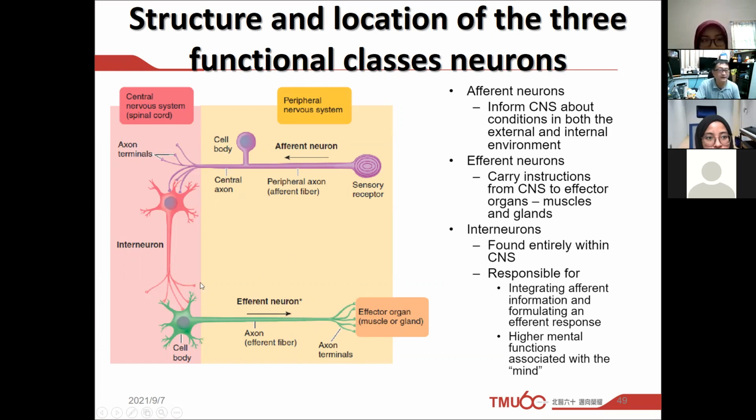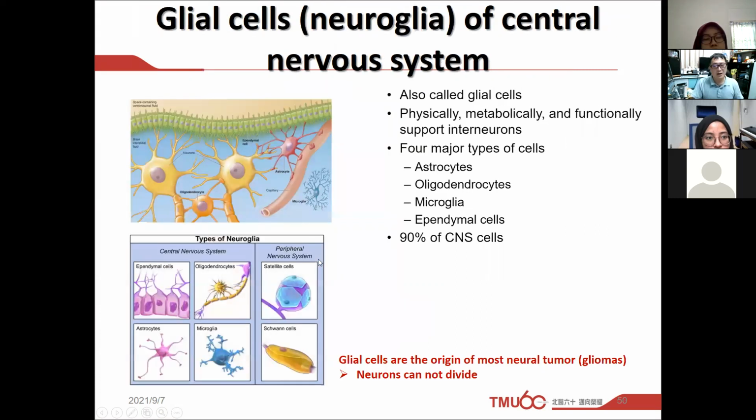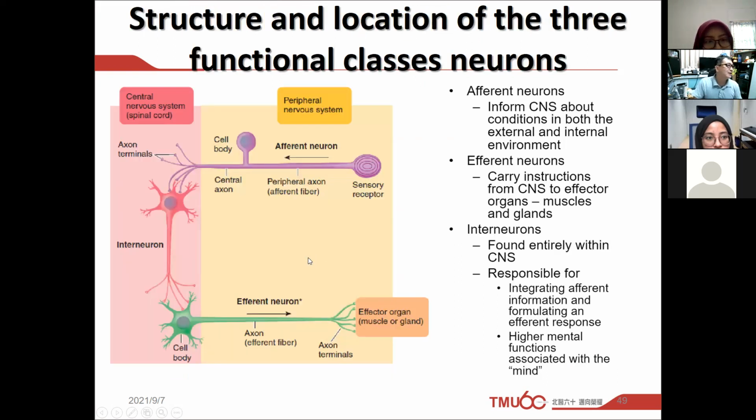So there are three different kinds of neurons. The interneuron is located in the CNS, in most cases, and the other two types are partially in the CNS, with most of their parts in the peripheral nervous system.